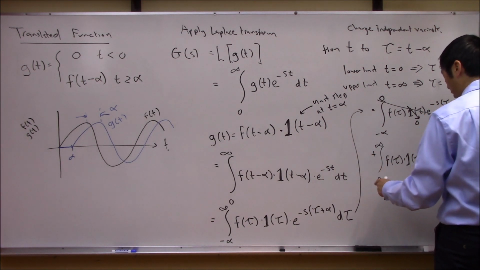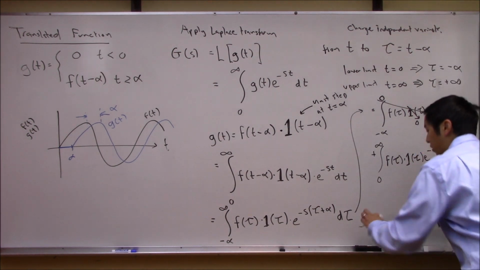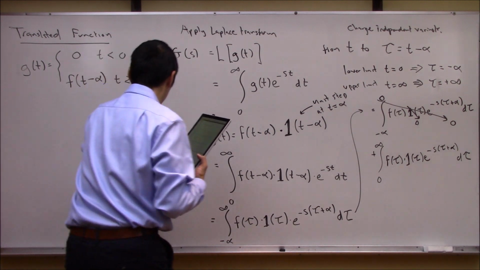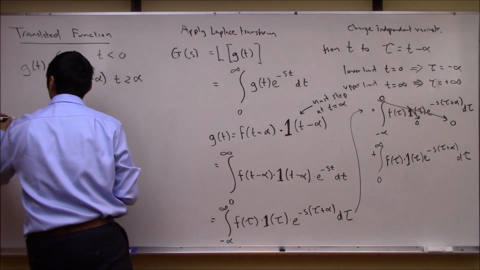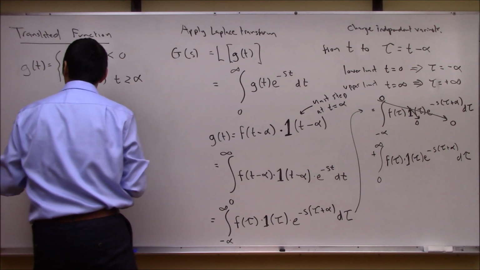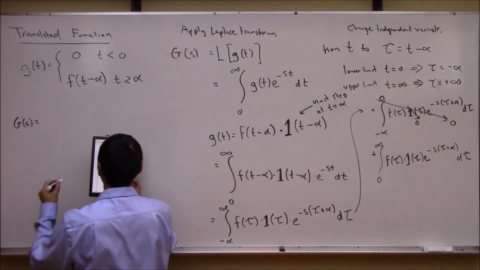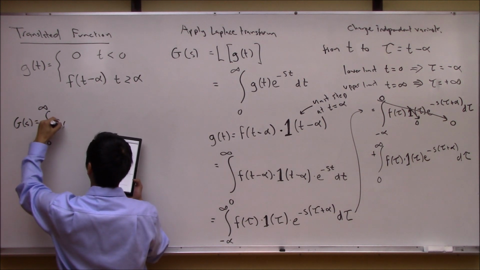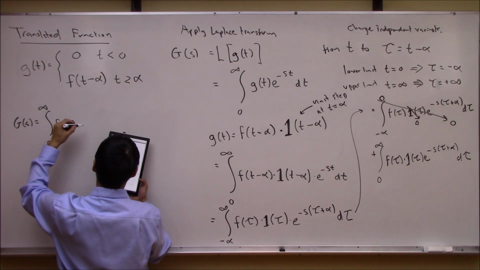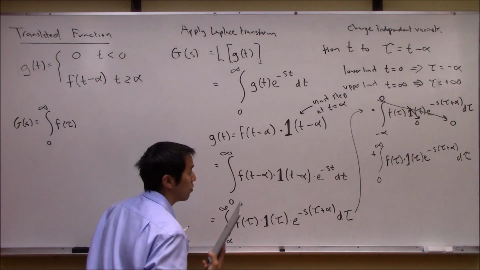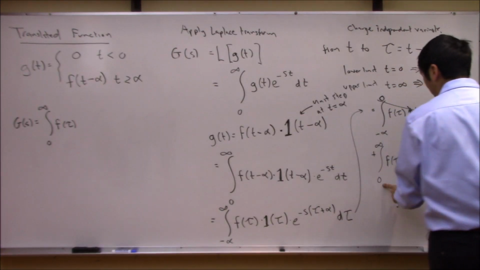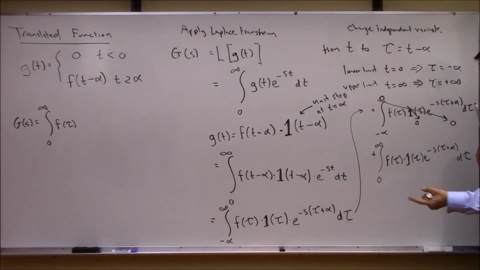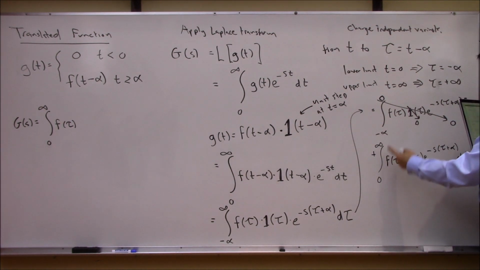Let's erase this and rewrite it over here. We now have g of s, which is what we're looking for, and it is just that second integral: the integral from 0 to infinity of f of tau times... The other thing we can notice is that in this integral from 0 to infinity, the unit step has turned on, because tau is always positive in this case.